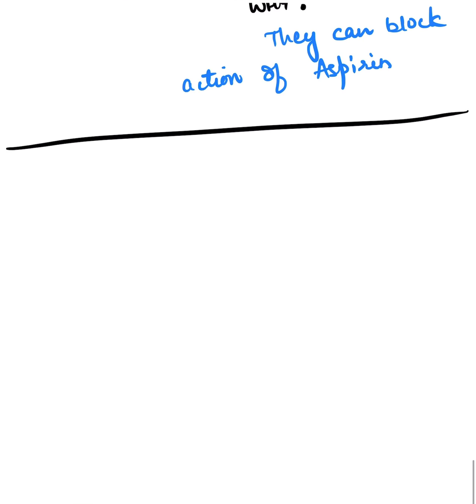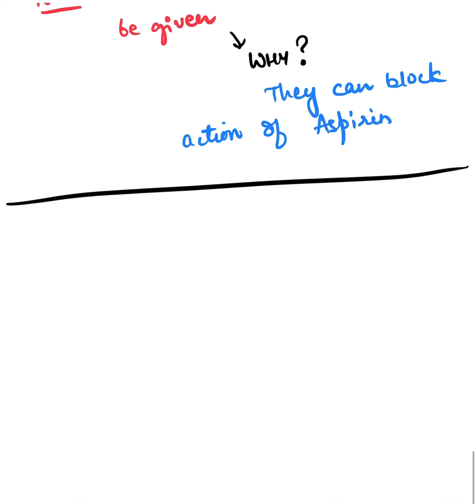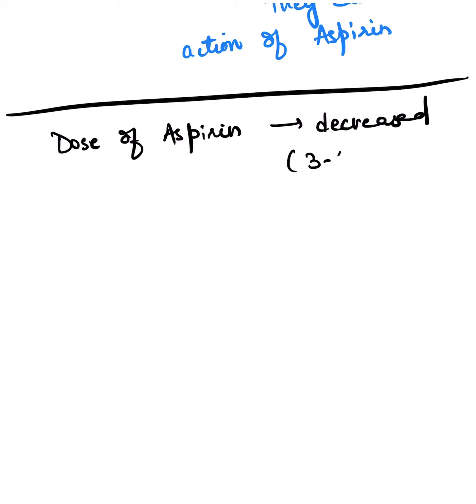Okay, so the next point. The dose of aspirin before is either 30 to 50 mkd or 80 to 100 mkd, that is the moderate or the high dose, but the dose of aspirin is later decreased to 3 to 5 mkd. So why and when is this decreased? I'll answer the question when.